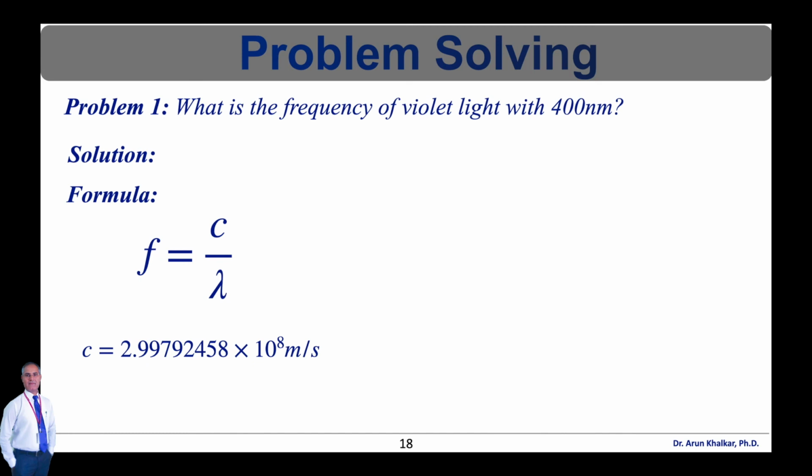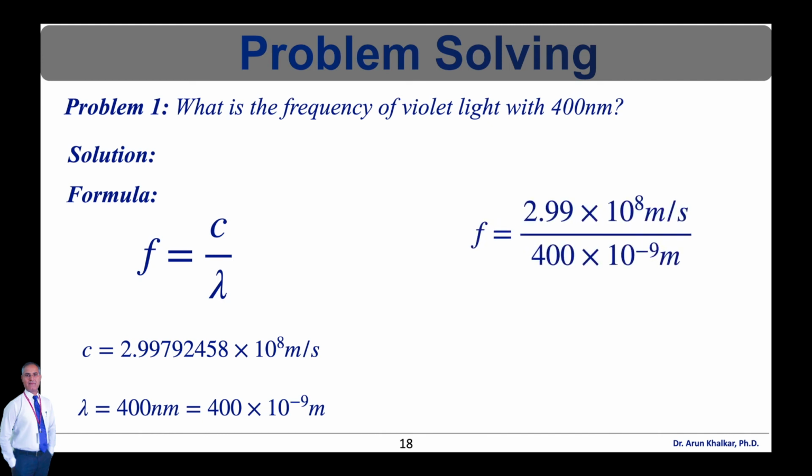2.9979248 times 10 raised to 8 meter per second. This is a very accurate value. Lambda is given, that is 400 nanometer, that is 400 into 10 raised to minus 9 meter. So by simply putting the values in this formula, we have f is equal to 2.99 into 10 raised to 8 meter per second divided by 400 into 10 raised to minus 9 meter.